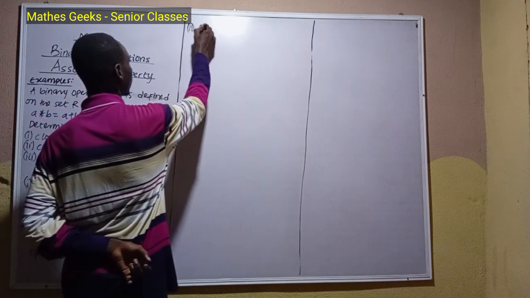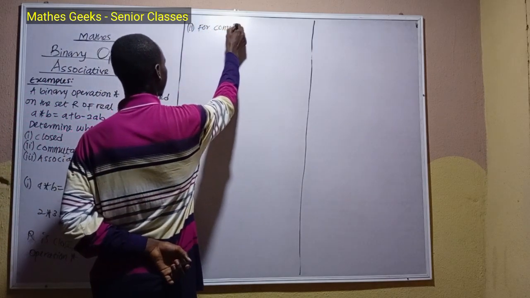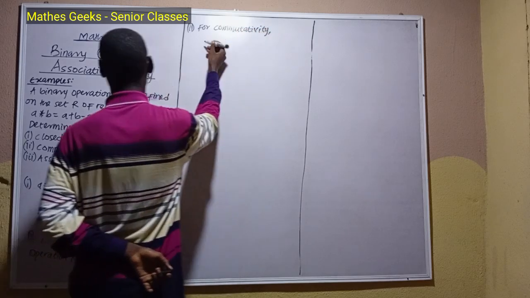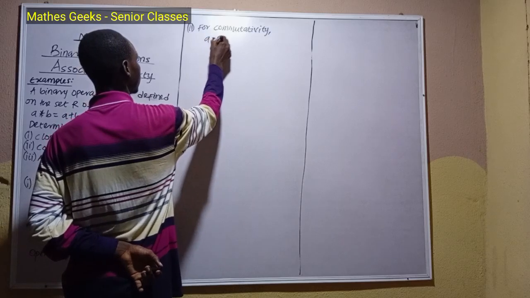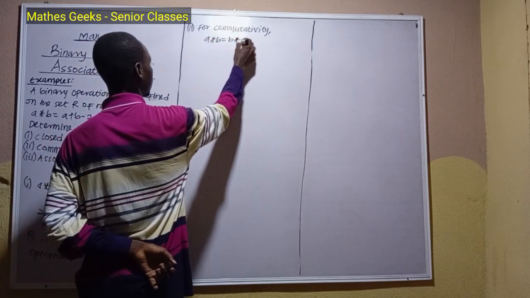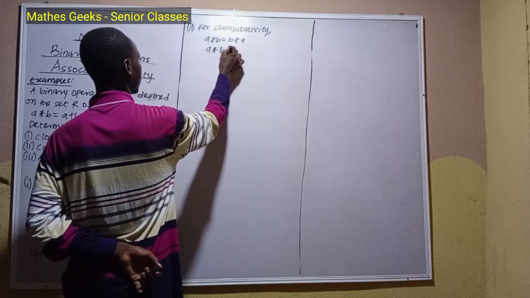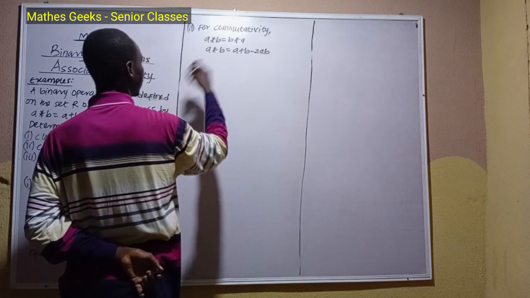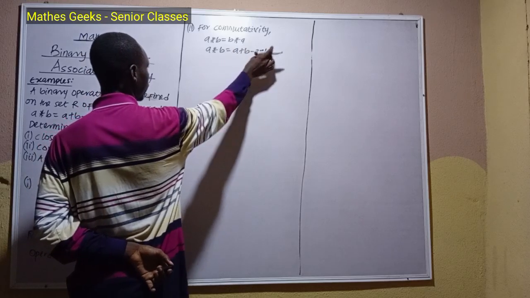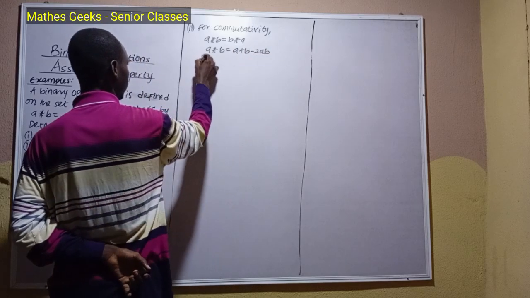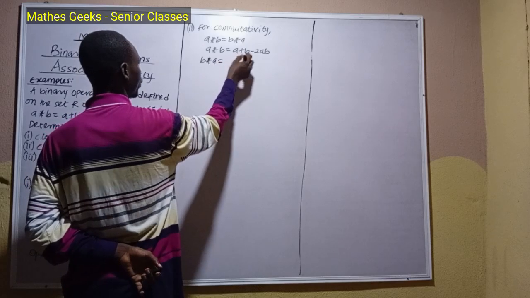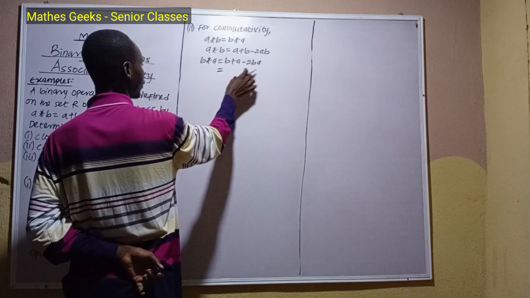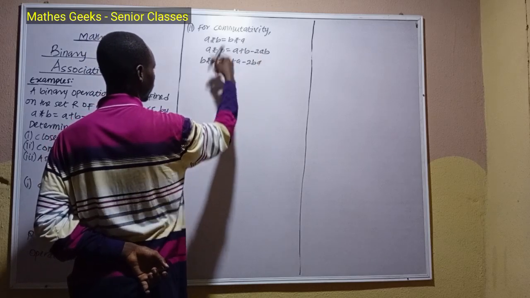So figure 2, commutative. For commutativity, A star B should be equal to B star A. A star B is already A plus B minus 2AB. And remember, addition is commutative, and multiplication is commutative. Let's define B star A by changing the order: B plus A minus 2BA, which, since addition and multiplication are commutative, does not make any difference.